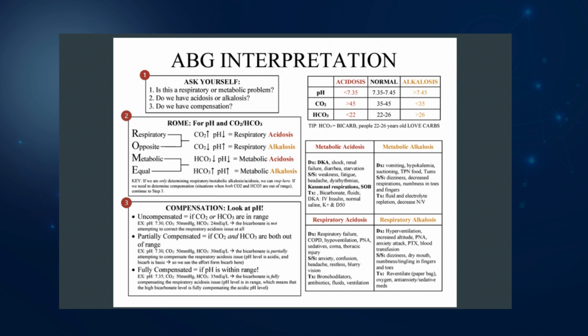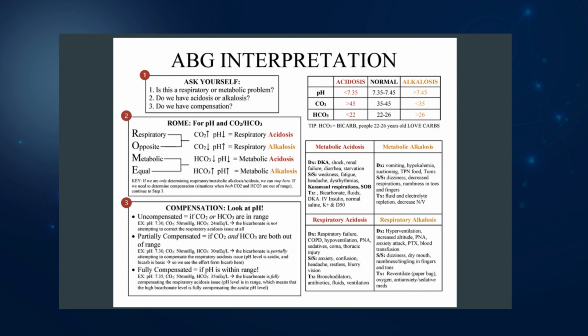When the carbon dioxide is low and the pH is high, it is respiratory alkalosis. The same goes for metabolic equal, where the bicarb is low and the pH is low. If it is low, it is metabolic acidosis, and if it is high, it's metabolic alkalosis.